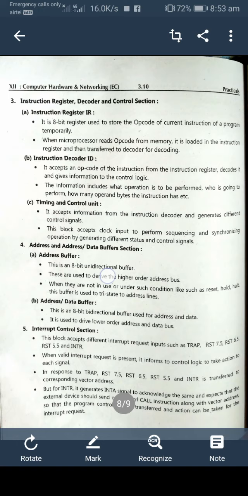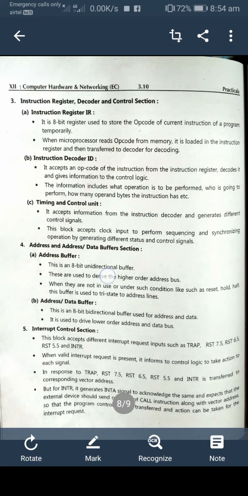Interrupt control section. This block accepts different interrupt request inputs such as TRAP, RST 7.5, RST 6.5, RST 5.5 and INTR. When a valid interrupt request is present, it informs the control logic to take action on each signal. In response to TRAP, RST 7.5, RST 6.5 and RST 5.5, control is transferred to the corresponding vector addresses.